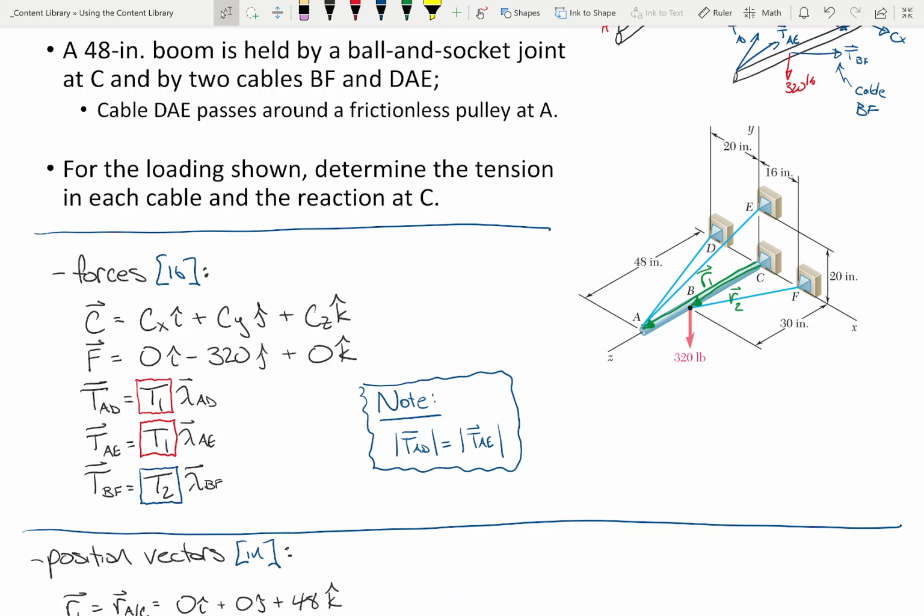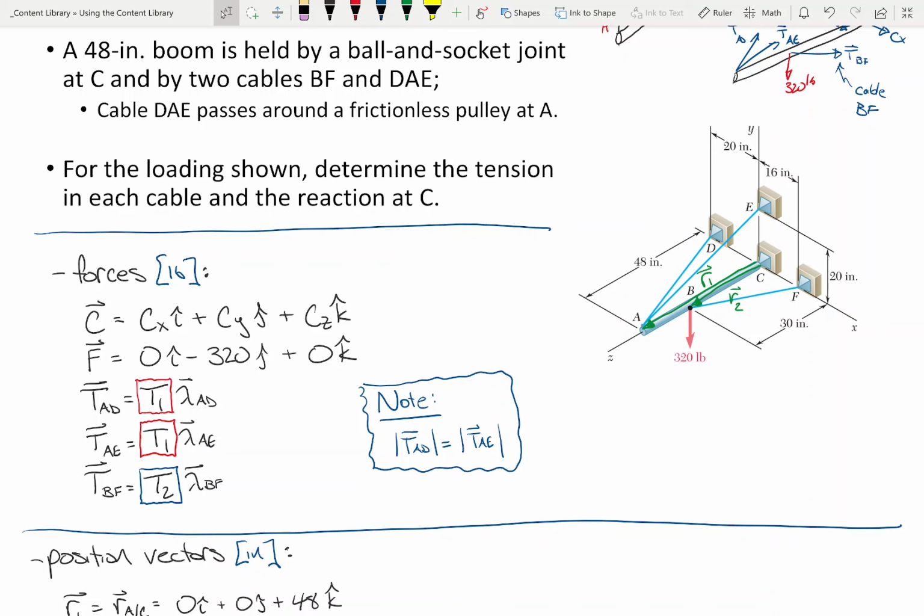Somebody else. Somebody help me with the AE. What about the x-axis? 0. What about the y-axis? Positive 20, right? And what about z? Negative 48.